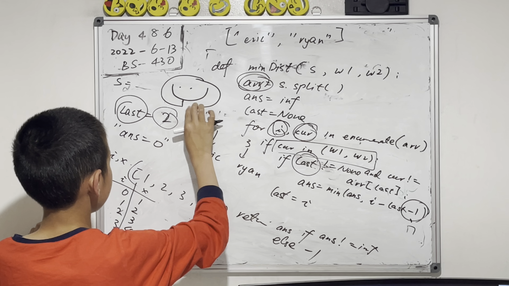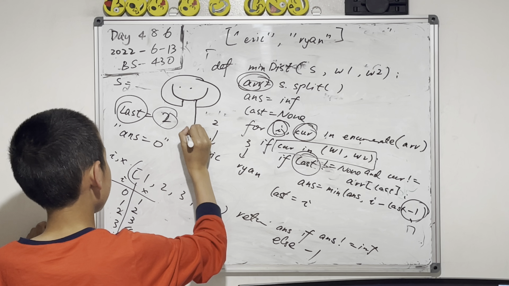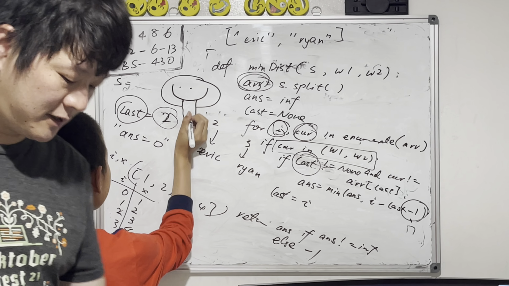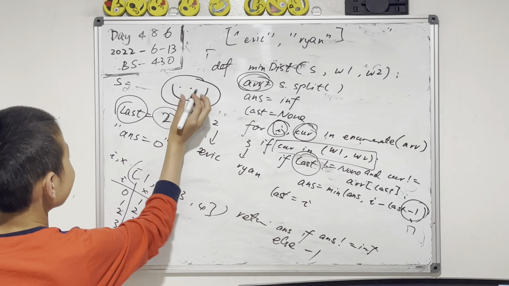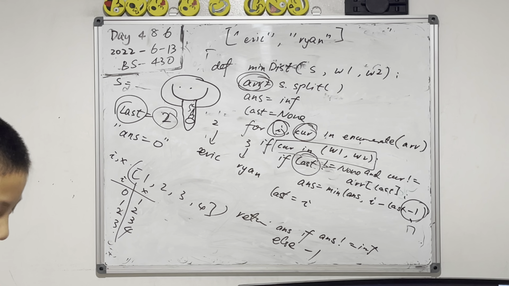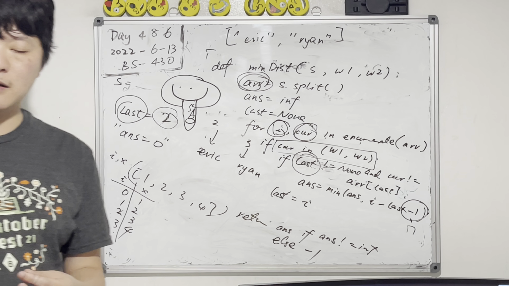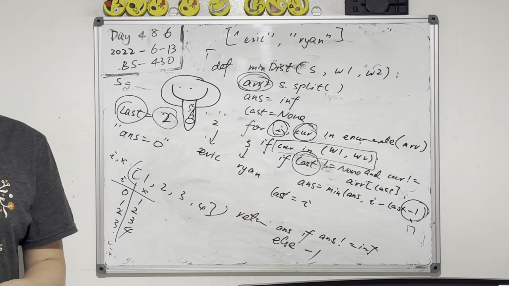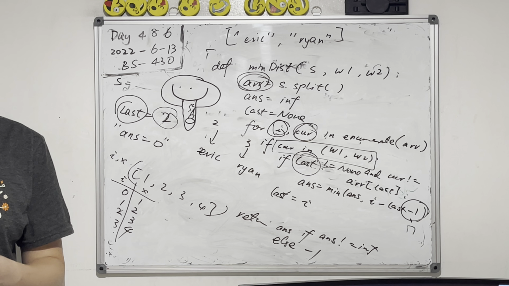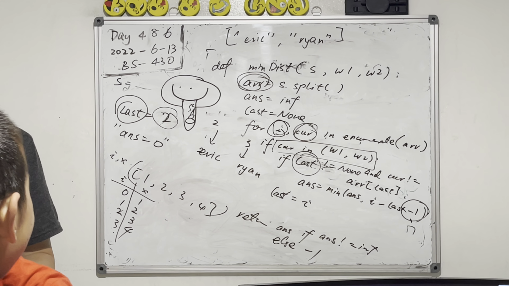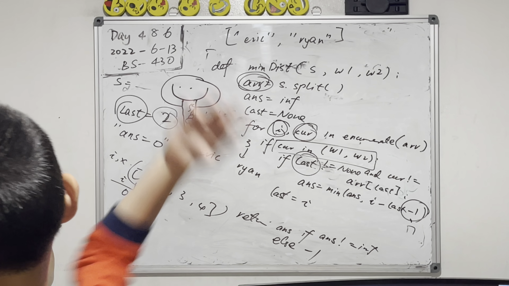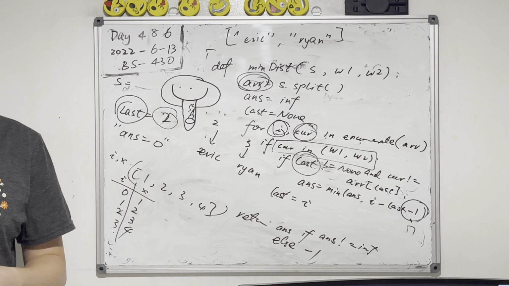Okay, so to sum up, what have you learned today? What's the problem and what have you learned? The minimum distance between two words in a sentence, well, not really a sentence, a long string of words.